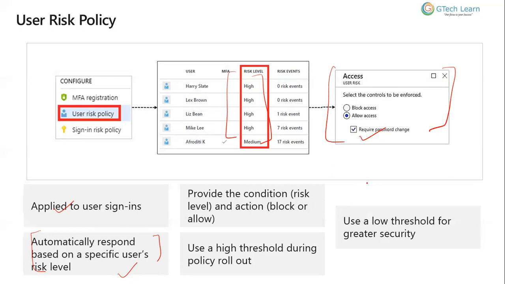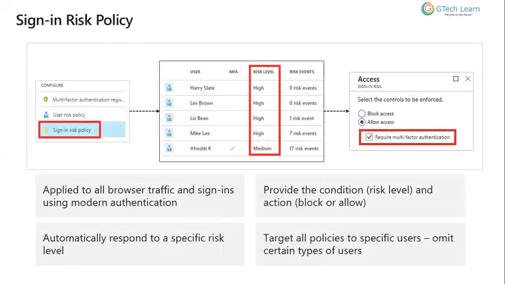That's okay. Now the next one, talking about the sign-in risk policy. That is applied to all browser traffic and sign-ins that use modern authentication. The sign-in risk policy detects sign-in related risks, like atypical travel.